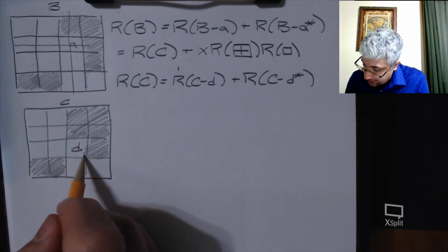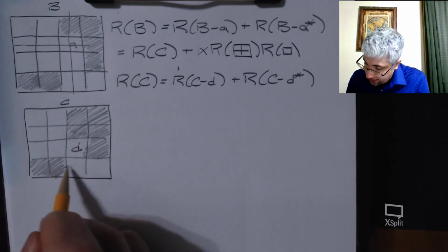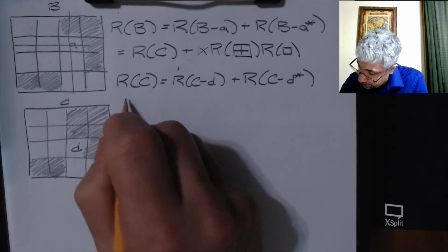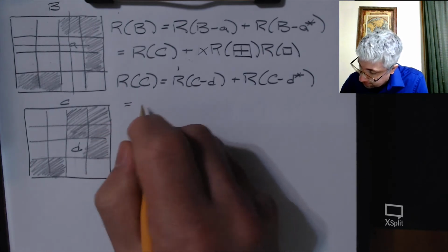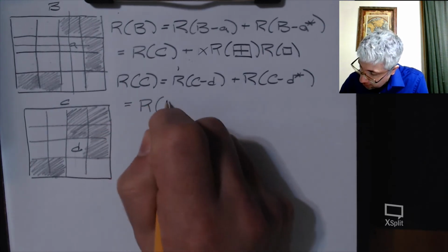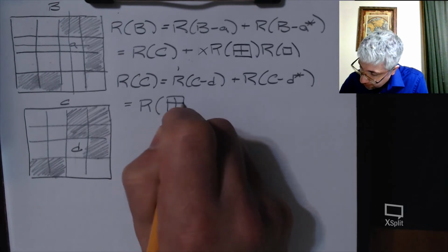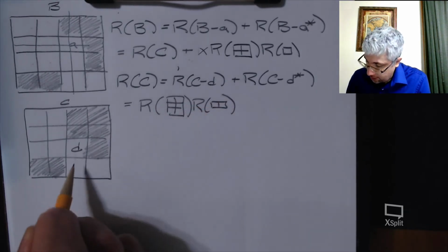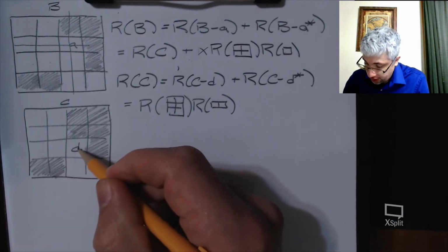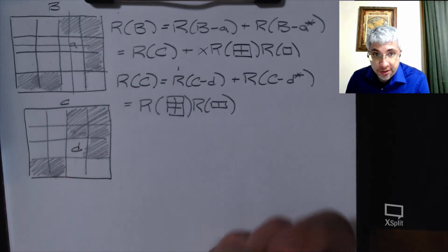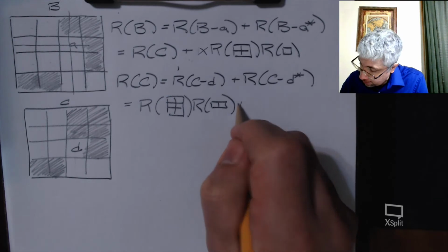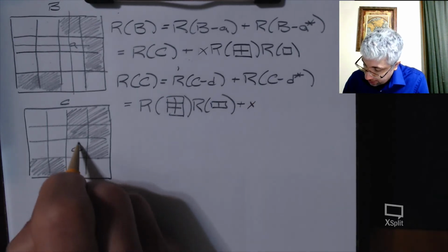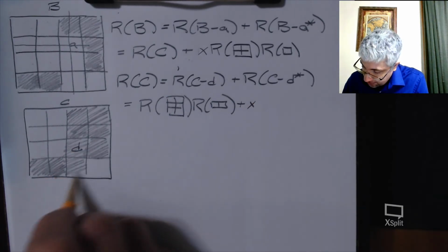I'm going to have a 2 by 3 and a 1 by 2. So this is going to be R of a 2 by 3 times a 1 by 2. Right, because I just don't have a Rook here, and these are two boards that don't affect each other.